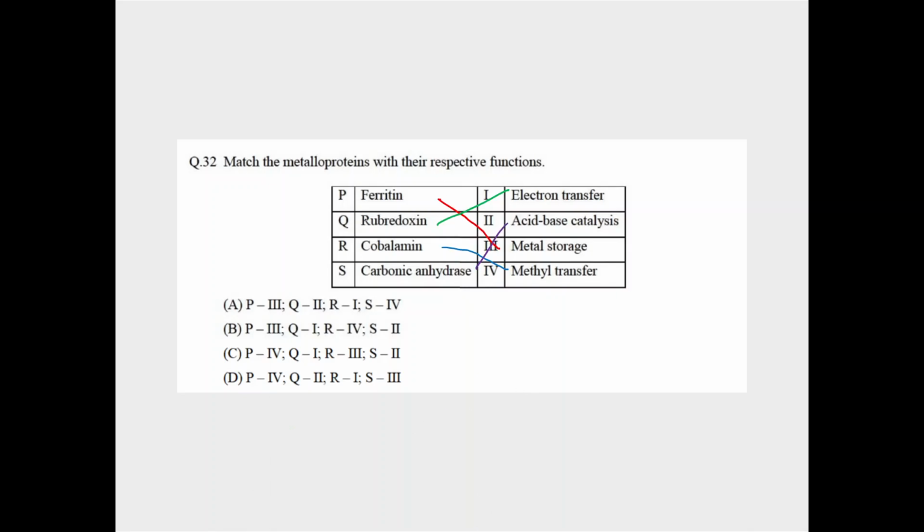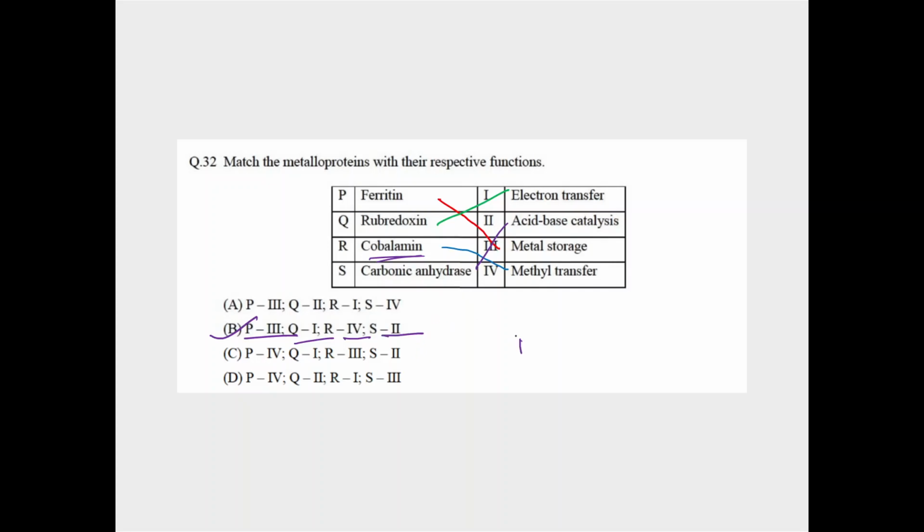So here P is option number 3. Then Q is 1. That means this option is correct, where P is 3, Q is 1, R cobalamin is 4, that is methyl transfer, and carbonic anhydrase is 2, acid-base catalysis.